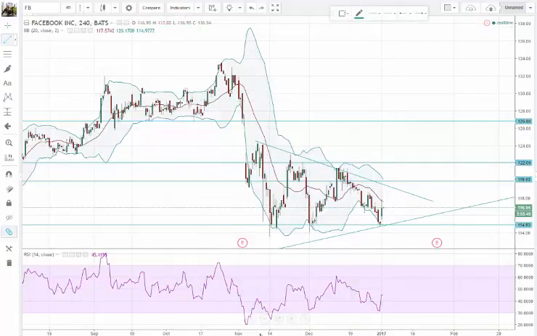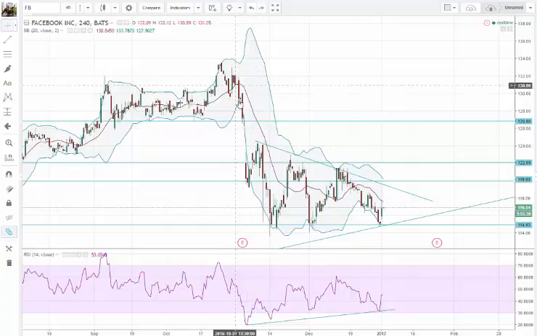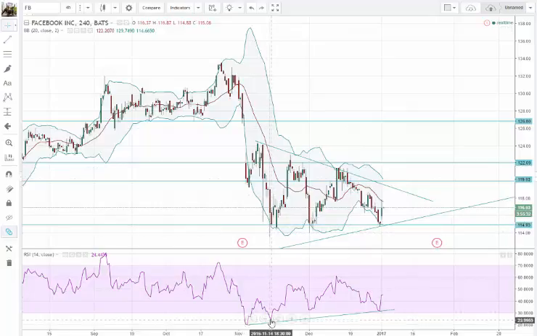Let me draw in something interesting, and that's this. Even this is interesting, but this is interesting as well. Why? Because price moved down pretty aggressively. We saw this one, and then the other big move over here didn't show a lower low on the relative strength.